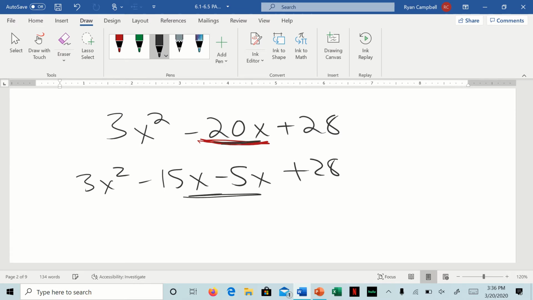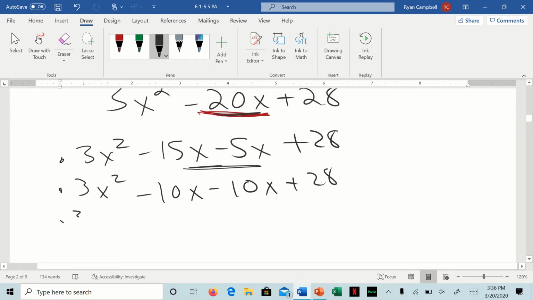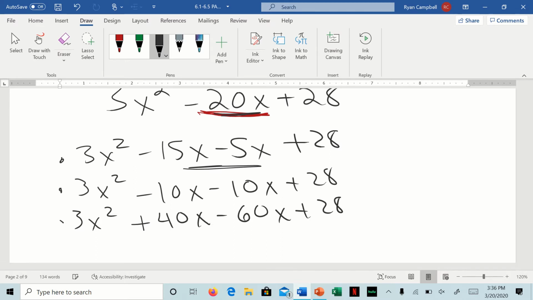Is that going to be the way to do it? Is it going to be 3x squared minus 10x minus 10x? Is that the way to do it? Is it 3x squared plus 40x minus 60x? Is that going to give you something good? Right? Because this also, when you add those two together, is going to get you negative 20.